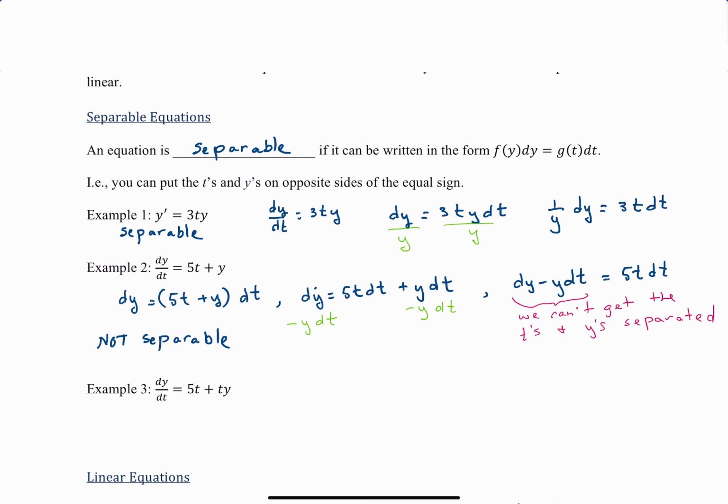Let's look now at dy dt equals 5t plus ty. If I multiply both sides by dt, I get dy equals 5t plus ty in parentheses dt. And at first glance, it looks like we're going to have the same trouble with this one. But notice that we can factor a t out on the right-hand side.